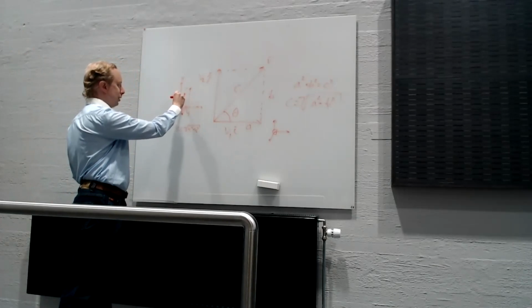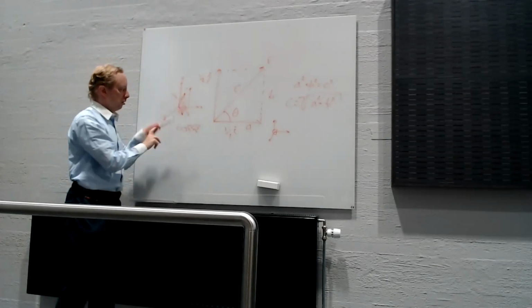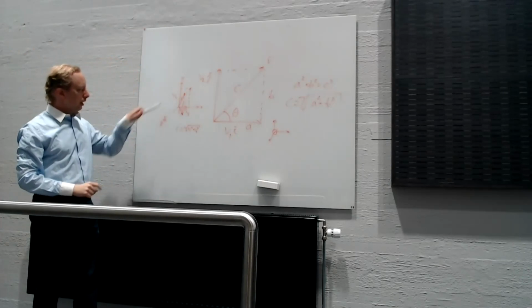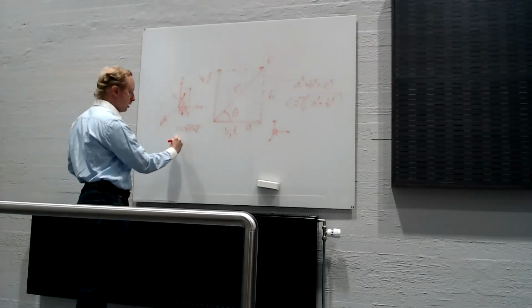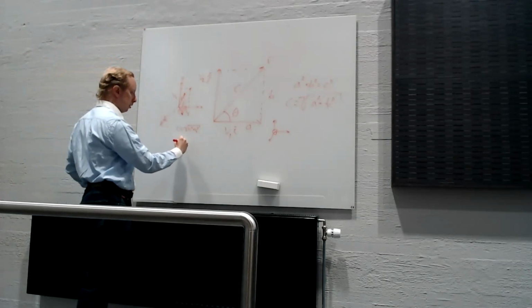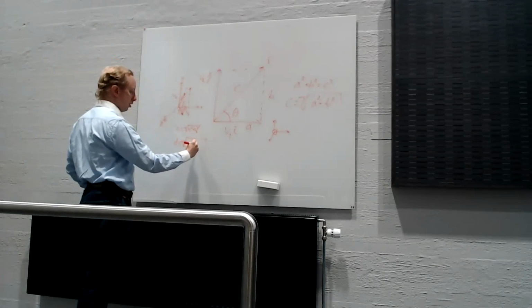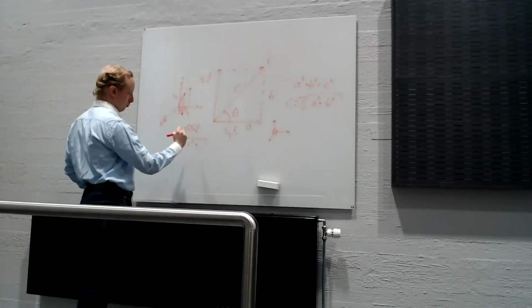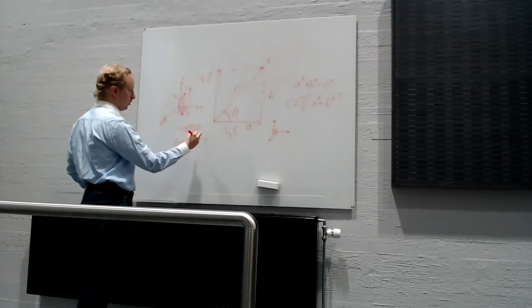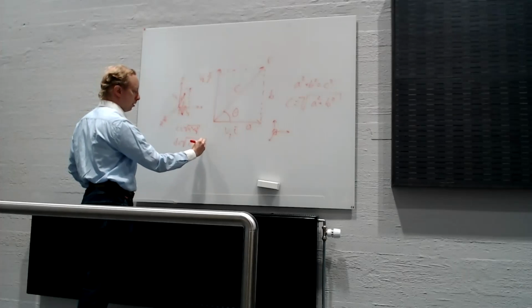So V2 is over here. Then we can say that D squared, using the Pythagorean theorem again, is C squared plus V3 squared.